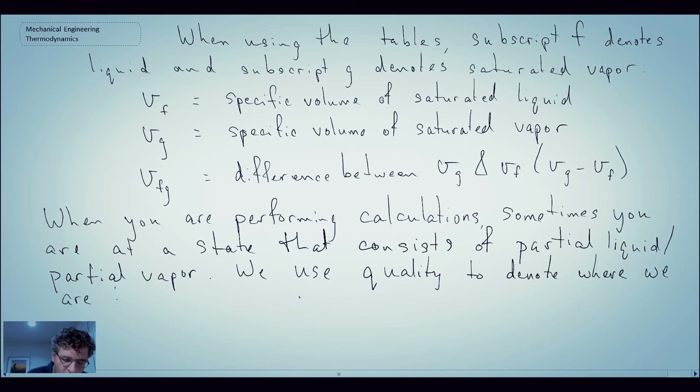The quality is defined as the mass of vapor in our system divided by the total mass.